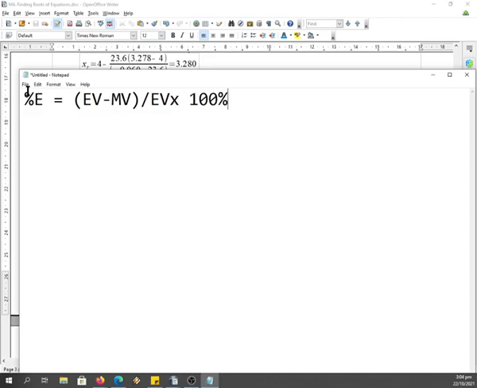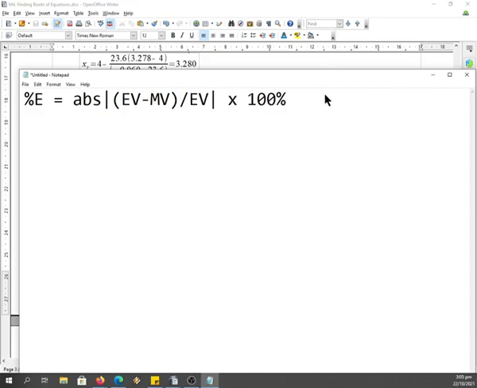That is our equation. Get the absolute value of this expression, because we are interested in the percent difference.